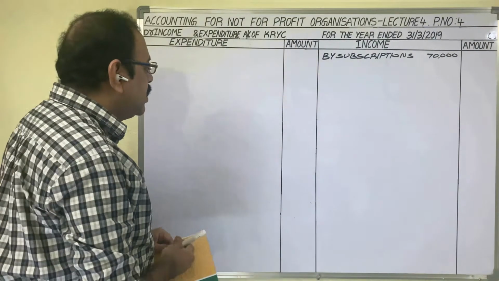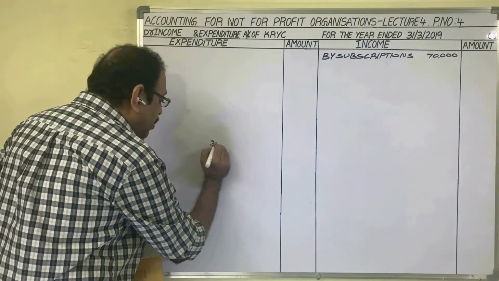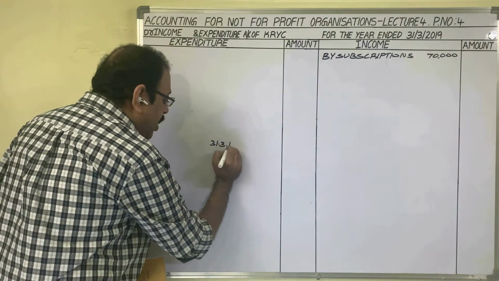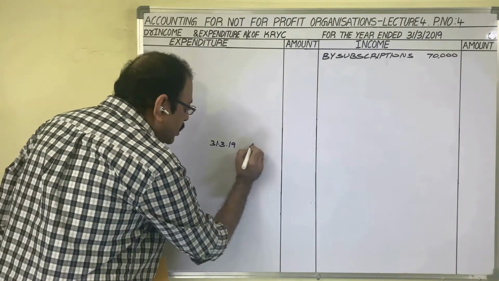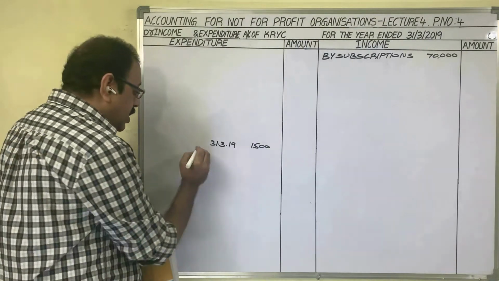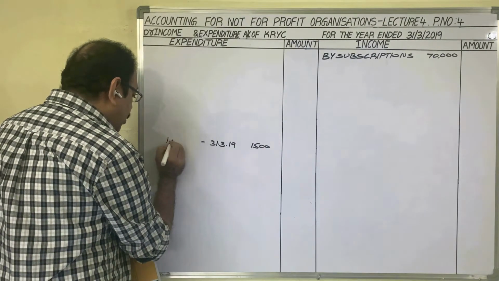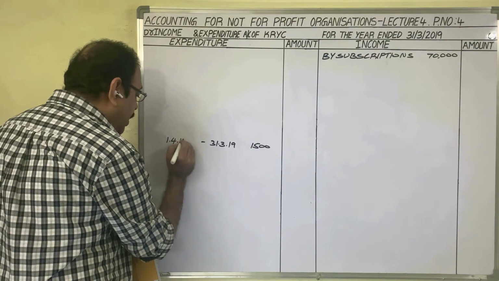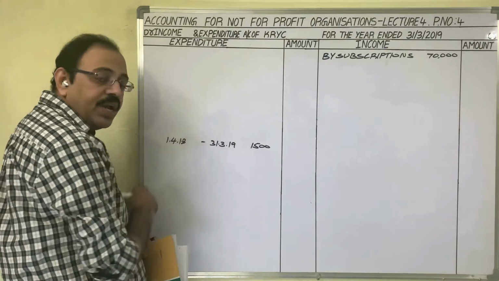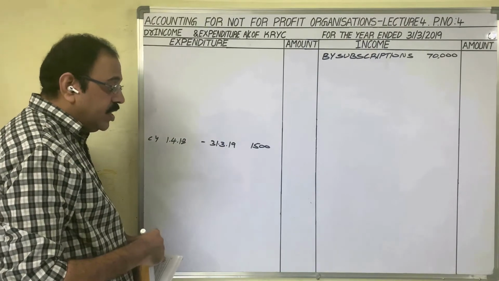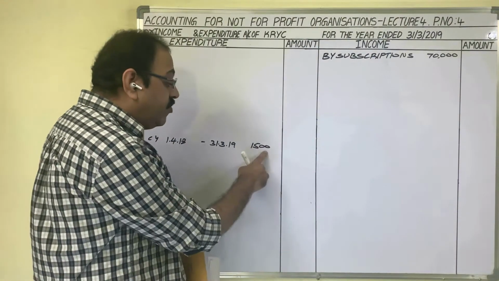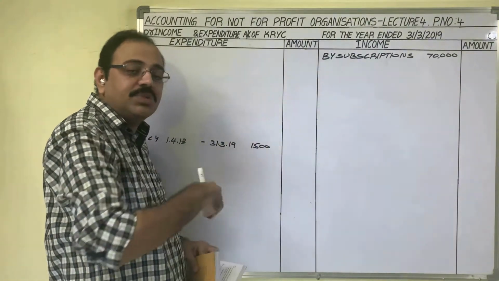What is the meaning of this? The current year is 1/4/18 to 31st March 19. This is the current year. So in the current year, we should receive 1500 rupees more towards subscription.